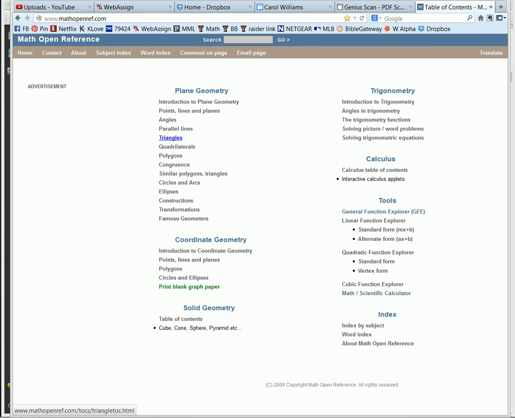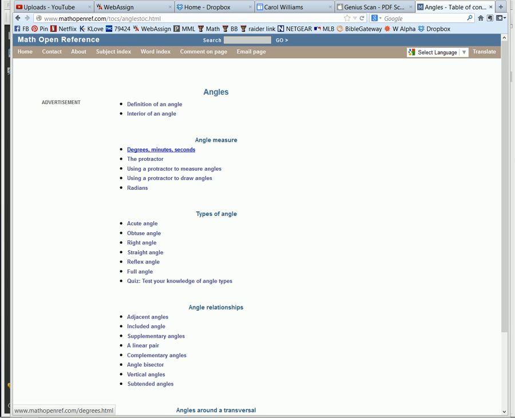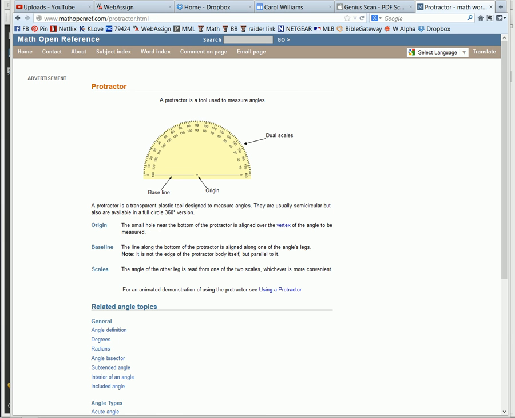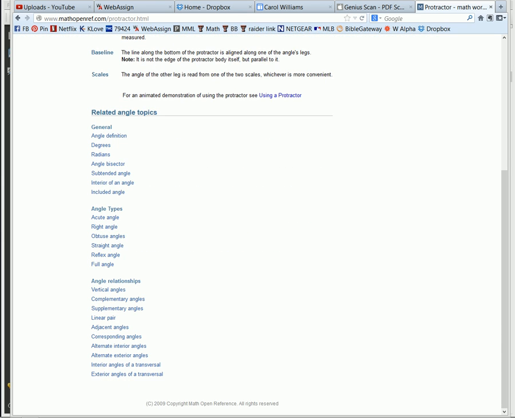It's Math Open Reference. And so we'll talk about constructions, and I'll show some of that to you when we get there. Angles. So if I want to look at the definition of an angle or look at how to use a protractor, you're going to line up your angle with the baseline, and then the second ray will show you which angle it is.